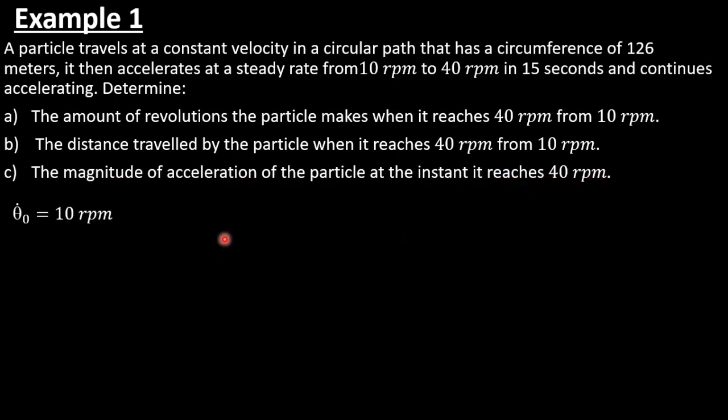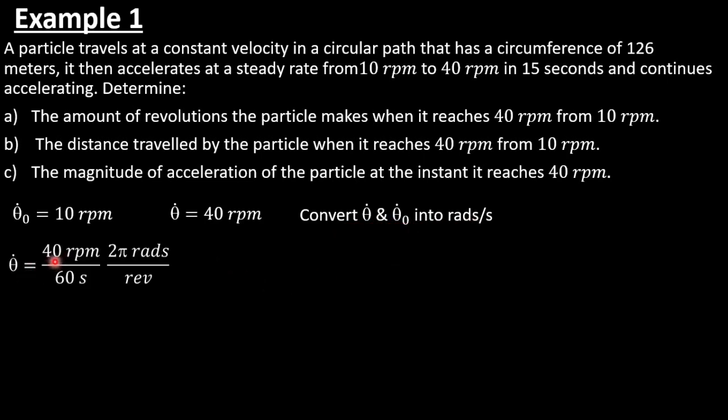Okay, so we know that θ dot sub 0 equals 10 rpm, which is the initial angular velocity. And we know θ dot, the final angular velocity, equals 40 rpm, as given to us in the question. First we want to convert θ dot and θ double dot sub 0 into radians per second. To do that, I do 40 rpm divided by 60 to get revolutions per second, and then I multiply that by 2π because there are 2π radians per revolution.